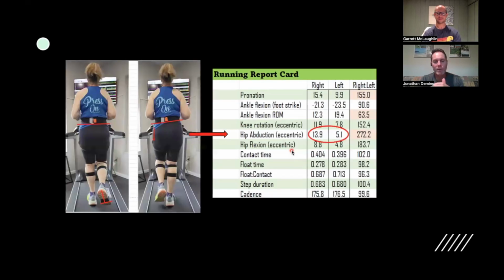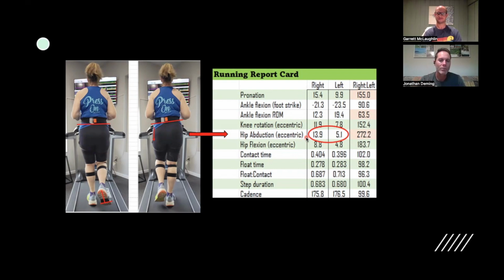And then that has to be translated into something that you can kind of quantify here. So this is quantifying the hip abduction and eccentric. That's a fancy word. That basically means, you may have heard of eccentric muscle contraction. That's when your muscles contract or do the work while they're lengthening.